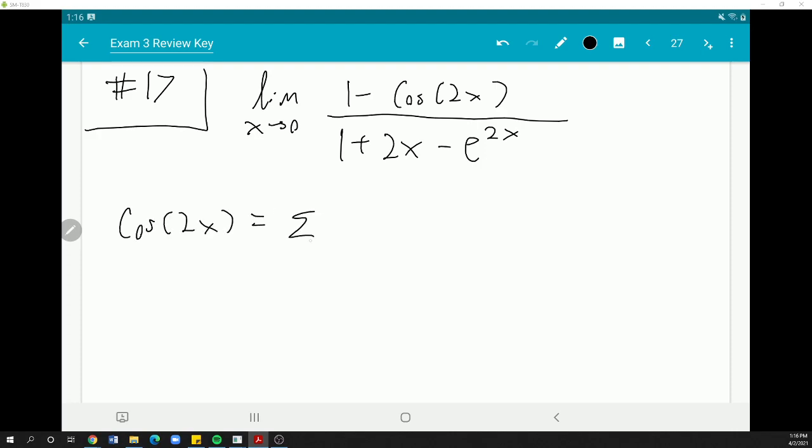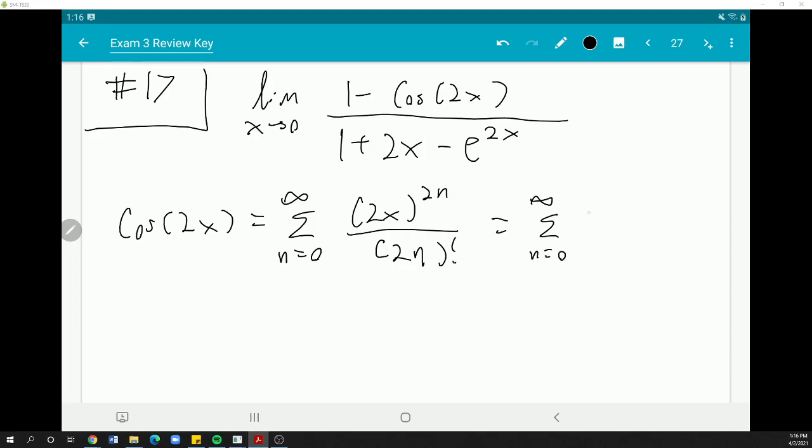Cosine of 2x, we have a formula. This power series representation is the sum from 0 to infinity of 2 to the 2n x to the 2n over 2n factorial.